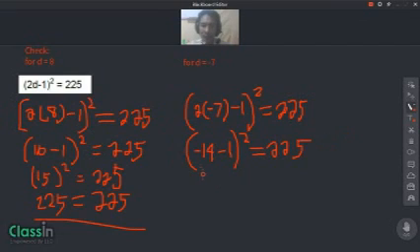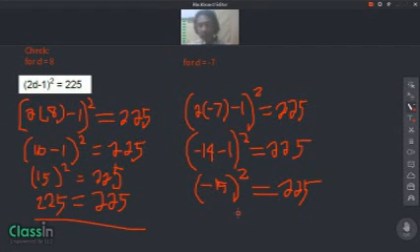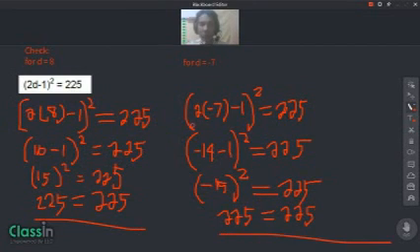So negative 14 minus 1 is negative 15, squared is 225. So negative 15 times negative 15 is positive 225. Therefore, the value of d, which is negative 7, satisfies our quadratic equation.